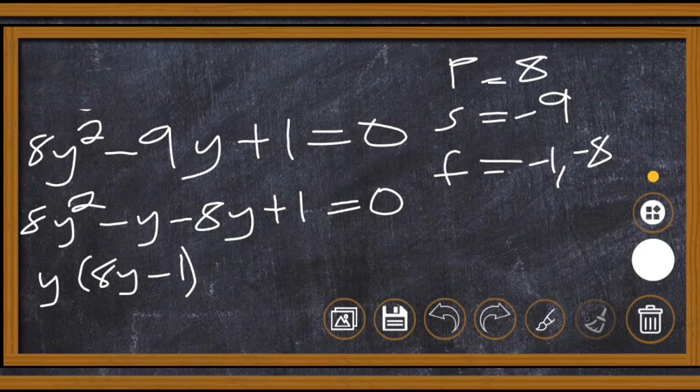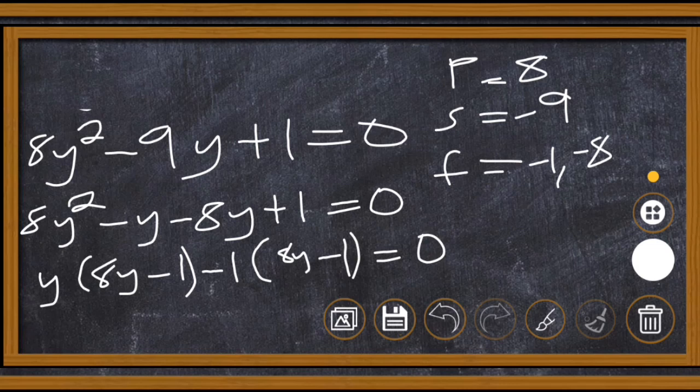Then here, there is nothing that we can factorize, so let's just factorize negative 1. When we take negative from negative 8y, we are going to have 8y. Then negative 1 multiplied by positive 1, we are going to have negative 1, equals to 0.